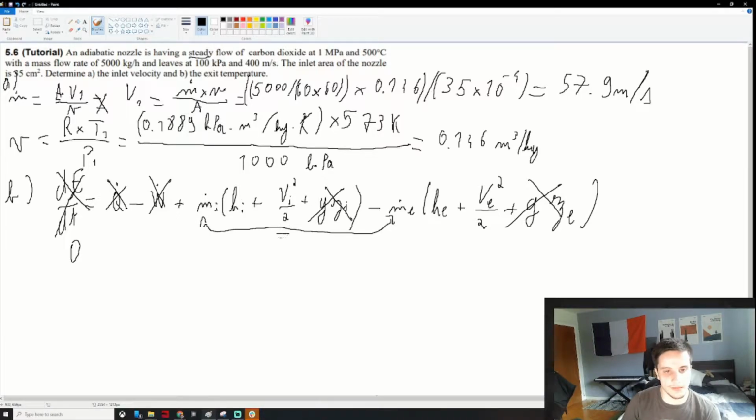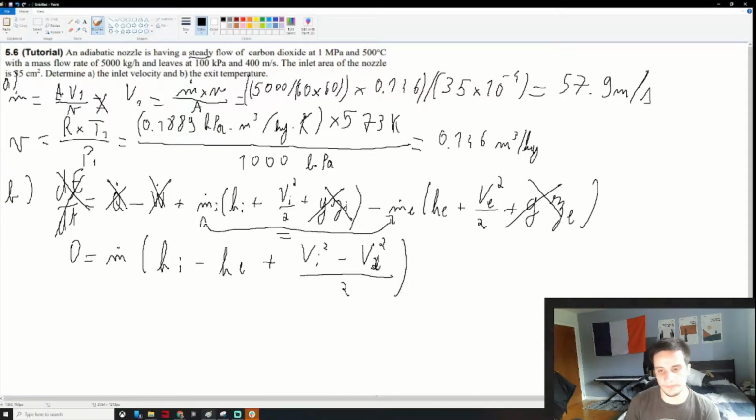So just put an equal sign, and that means you have mass flow rate times h_i minus h_e. And then same thing for velocity, velocity at the inlet minus velocity at the exit, all that divided by 2. And that is your resultant first law equation.